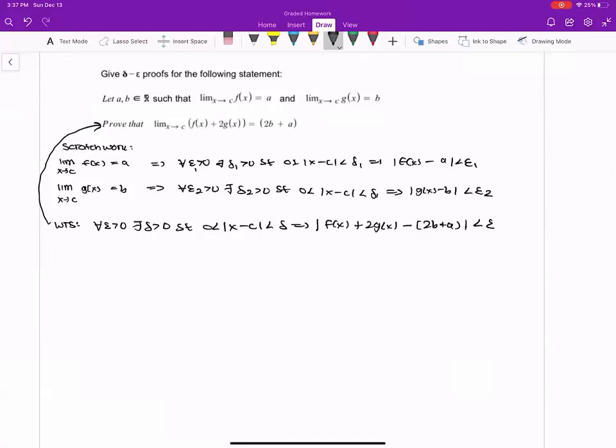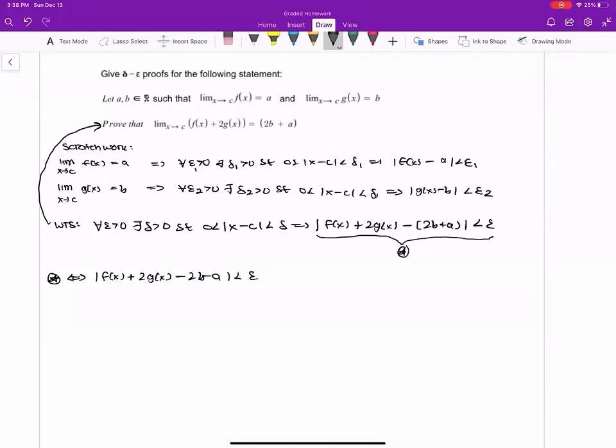Now, if you consider this side, and let's say that's star, you can simplify this to something that you already know. So star is equivalent to absolute value f of x plus 2g of x, subtract 2b, subtract a, which is less than epsilon.